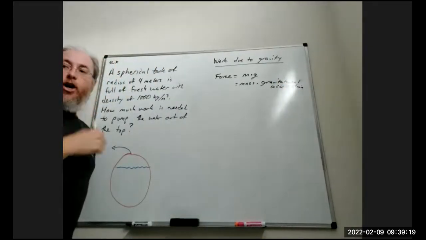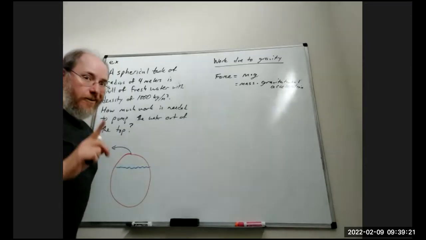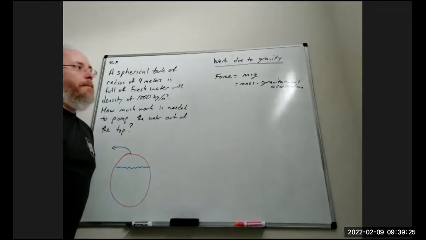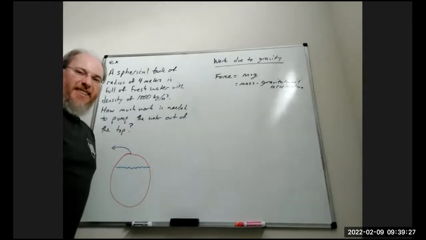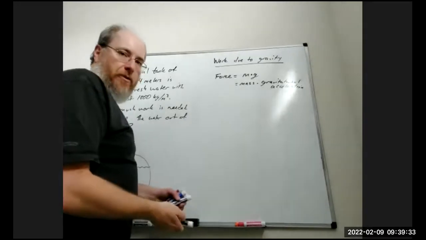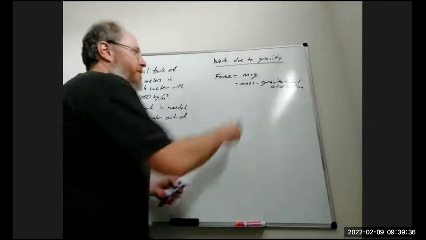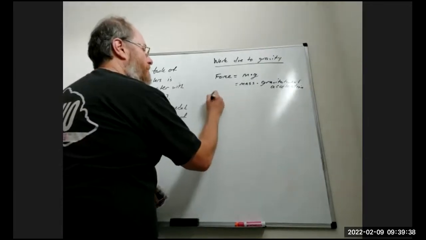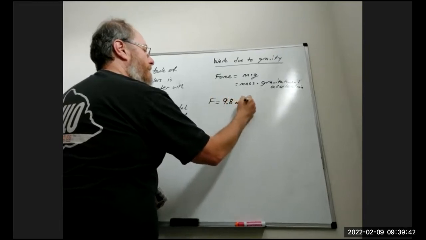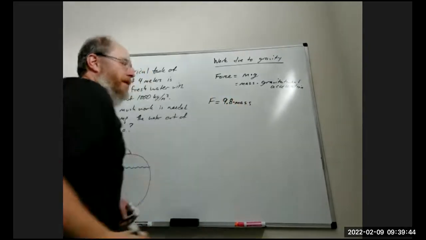And on the surface of the Earth, gravitational acceleration is around 9.8 meters per second squared. So this gravitational acceleration is 9.8, and the force is going to be equal to 9.8 times your mass.